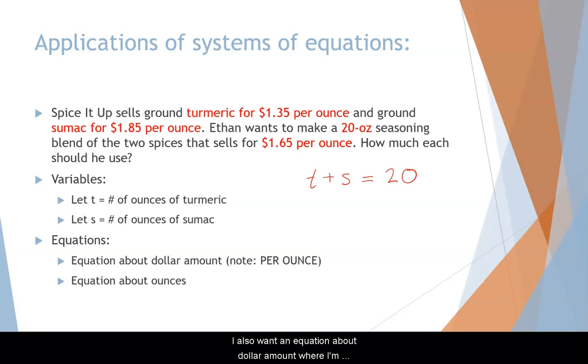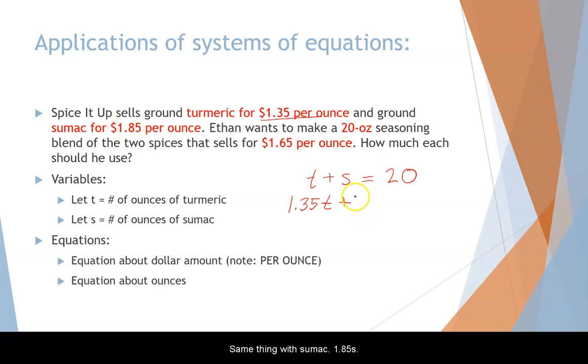I also want an equation about dollar amount, where I'm including this information about turmeric being $1.35 per ounce and so on. So if turmeric's $1.35 per ounce, I know that for each ounce of turmeric, it's going to cost $1.35. So if I have two of them, that's going to be 1.35 times 2, or 2.7.